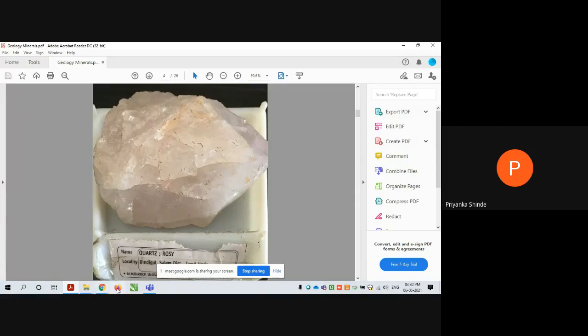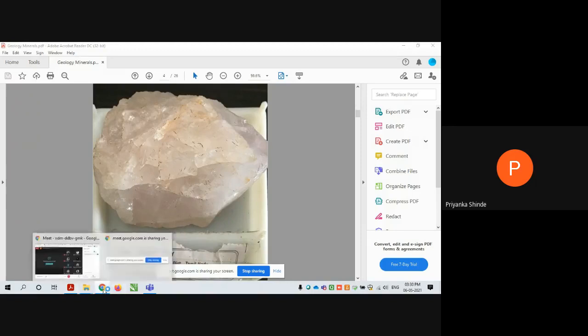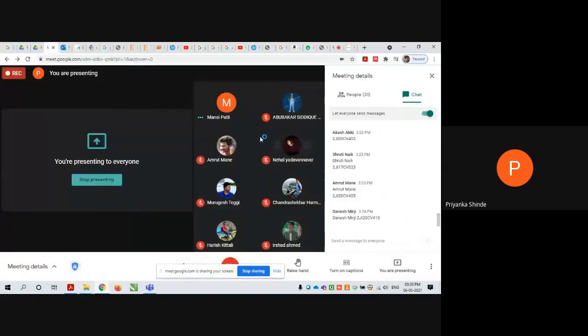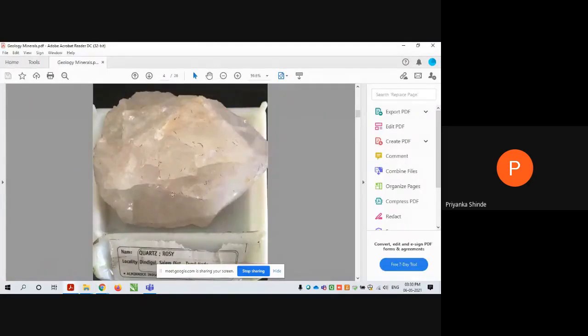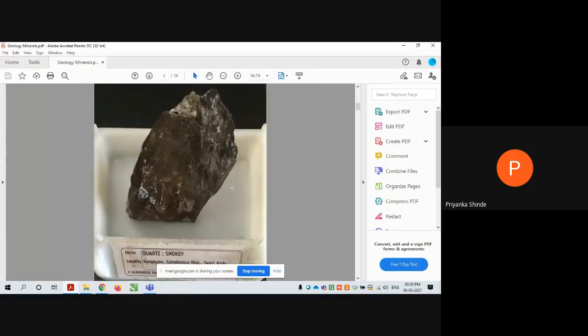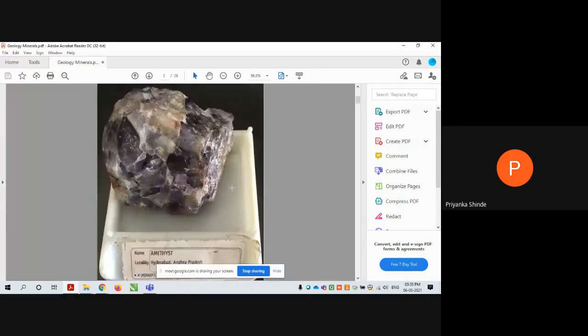If the mineral looks like broken glass, then what luster does it show? Vitreous. Transparent is diaphanity. Here there are two types of luster, metallic and non-metallic.